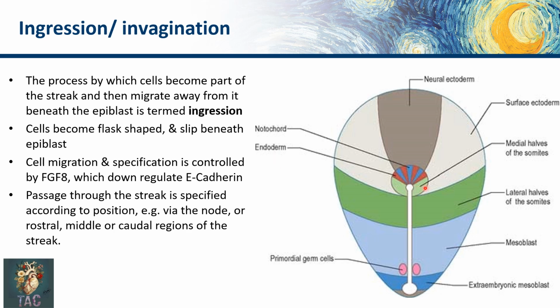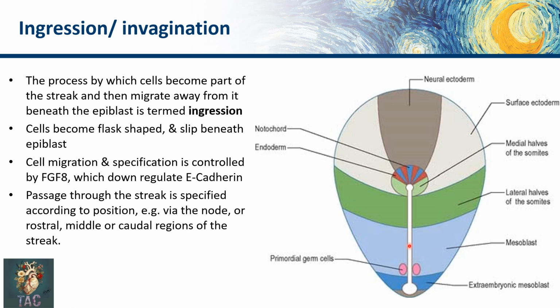The cells migrating through this area of the node will form the medial half of the somite, or you can say will form the paraxial mesoderm, its medial part, and cells migrating through the cranial part of the primitive streak will form the lateral half of the somite. You can also say the lateral part of the paraxial mesoderm.